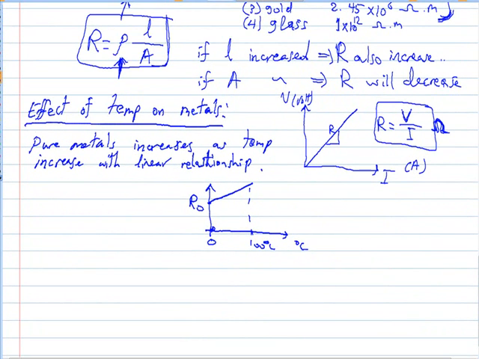And why does the resistance increase? We can see that if we increase the temperature of a metal, its length will increase, causing the resistance to increase.